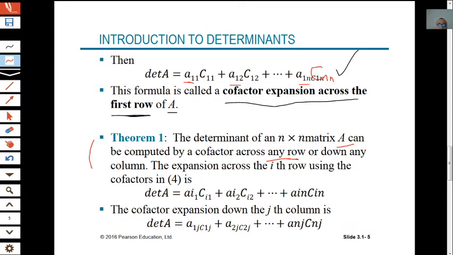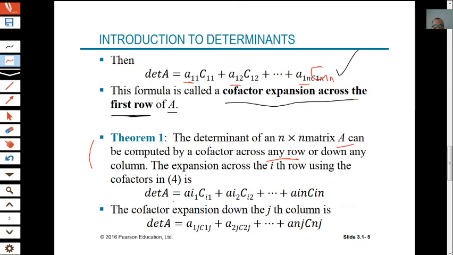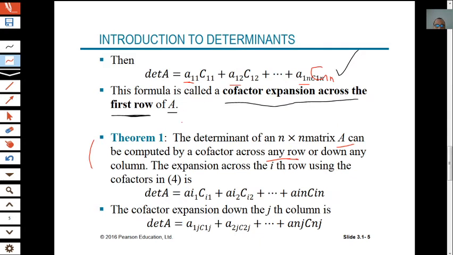The expansion across the ith row using the cofactors can be written in this form. Namely, we can use any row for finding the determinant according to the formula. We used the entries in the first row, but we can use the entries of the second row or third row or any row, according to this theorem.